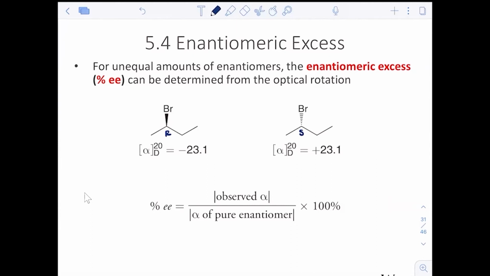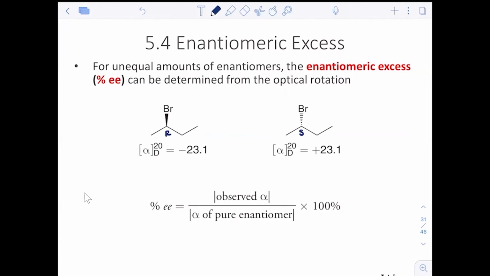If you had an observed specific rotation, then you don't have a 50-50 mixture. You have one enantiomer that is in excess. And so you can actually use this percent EE to calculate the actual amount of R and amount of S.